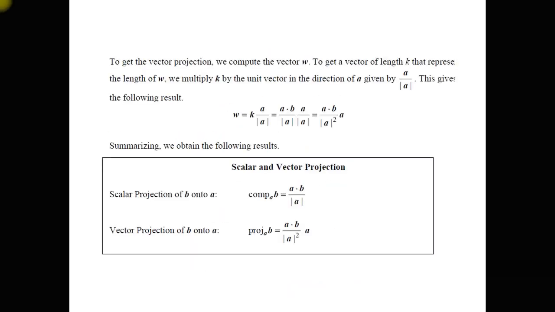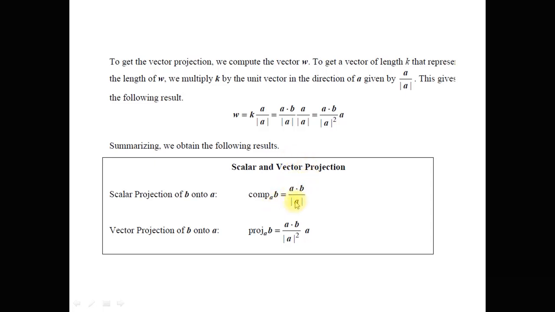You see over here, this is the formula. The projection of vector B onto vector A is equal to A dot B divided by A magnitude square into vector A, and the scalar projection of B onto A, the component of B along A, is equal to A dot B divided by A magnitude.